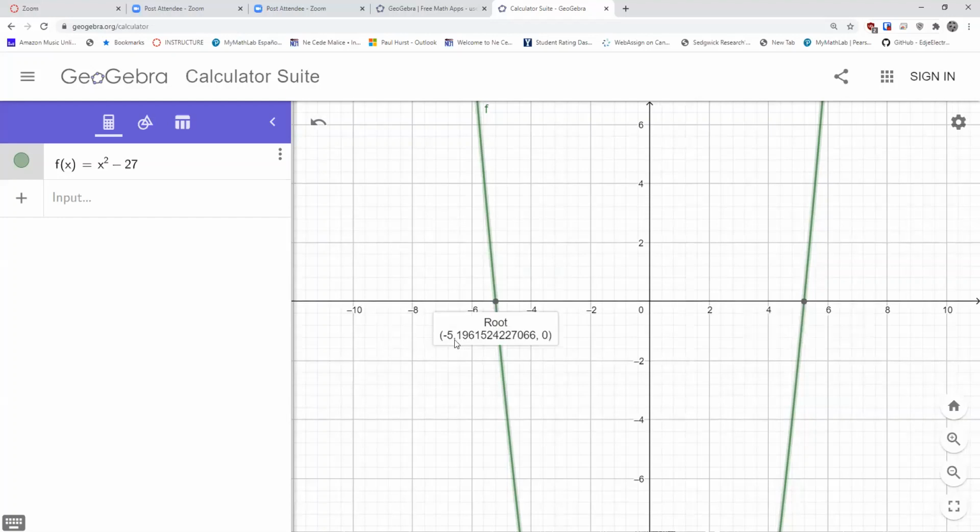So if I round this to 2 decimal places, that means I'm going to round this 6. This 6 has to make this 9 go up to a 10, which means I'm going to get negative 5.2, and then this is going to be 5.2. Okay, by similar logic.